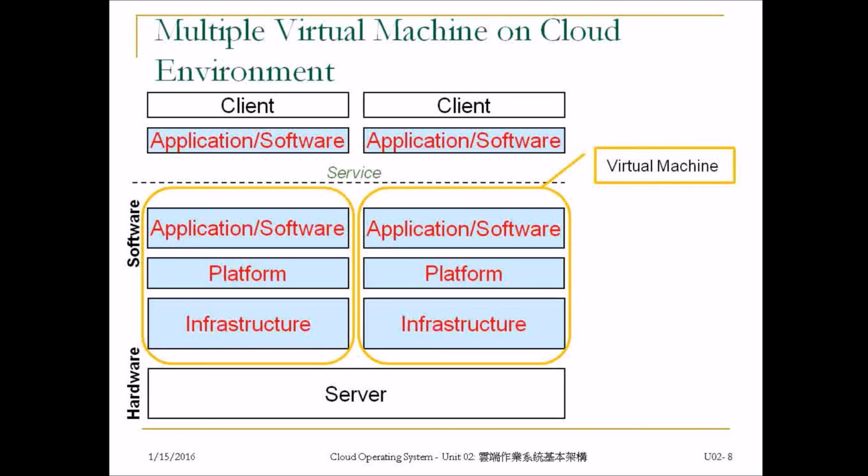Also, the platform, PaaS, platform as a service. Different client users can choose the operating system they need. So one virtual machine is established or implemented, even virtualized as a physical machine.